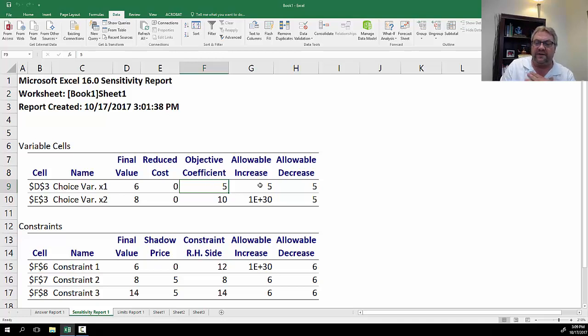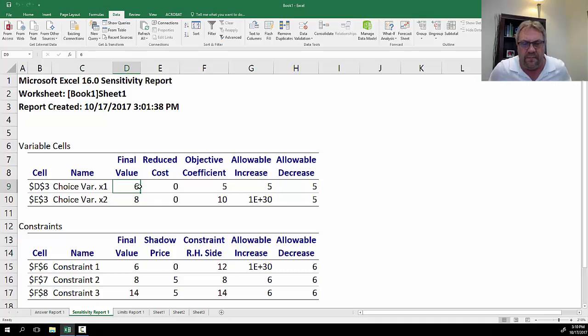So what this is telling me is that I can increase this coefficient by $5 or decrease it up to $5, and by gosh, I will still produce 6 units of X1. Now, that's holding everything else constant.